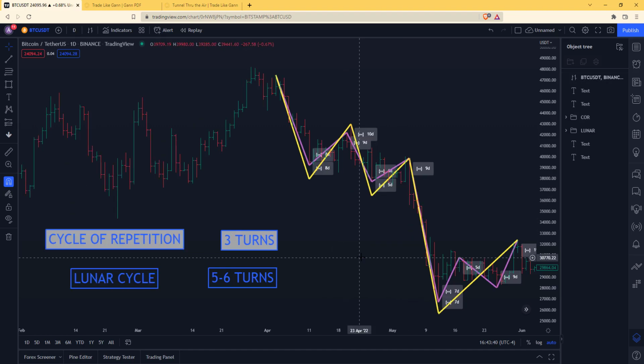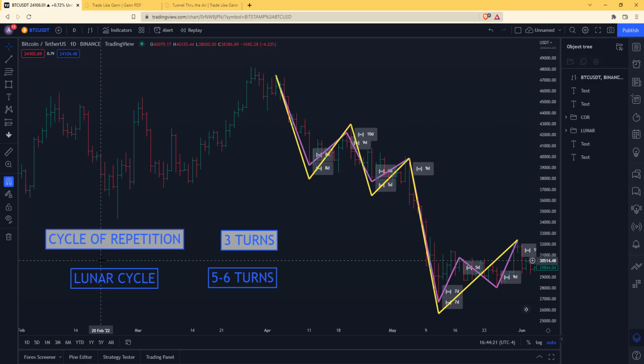And also a very important point that I want to talk about is that a COR cycle is instrument dependent. By instrument dependent, what I mean is a lunar cycle will work on 90% or above of markets. There are like two lunar cycles, and one special lunar cycle will work on 95% of the markets.